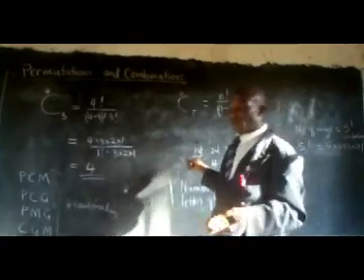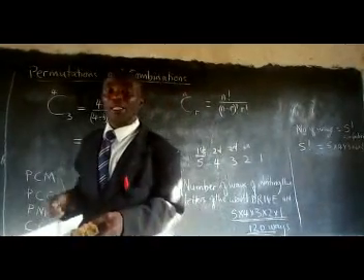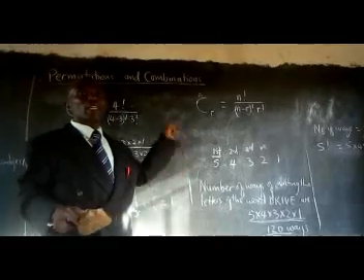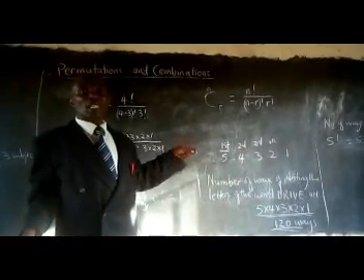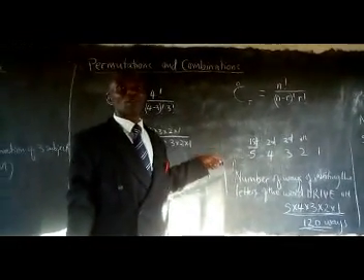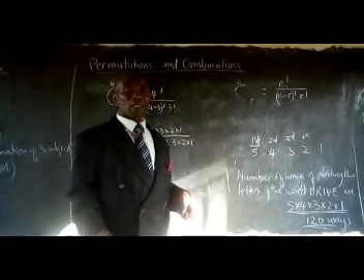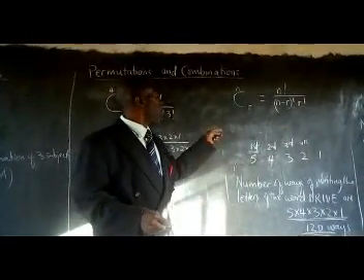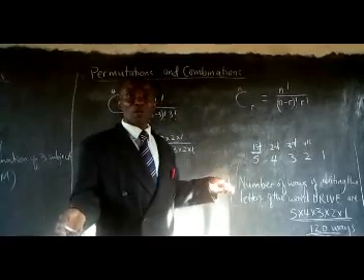That is the general formula for determining the number of combinations. If you are given any subjects and you want a combination of R, like the combination of 3 subjects. If R is 2, you work it out.